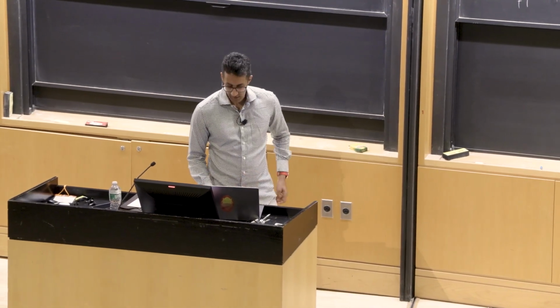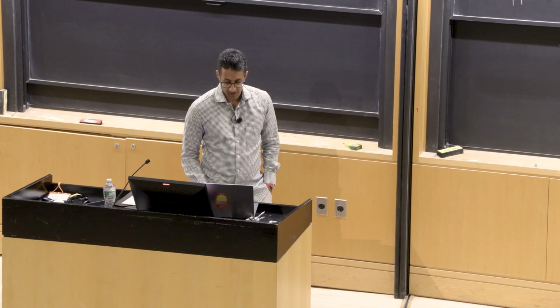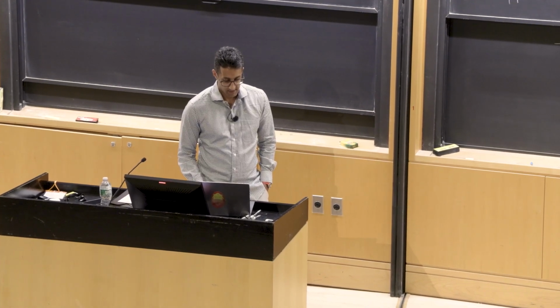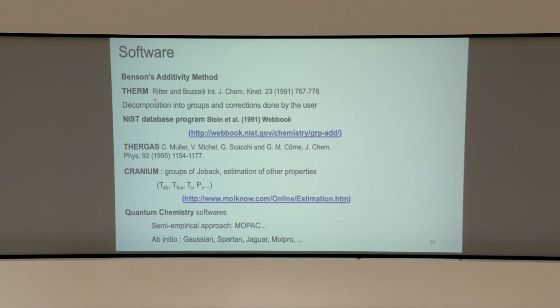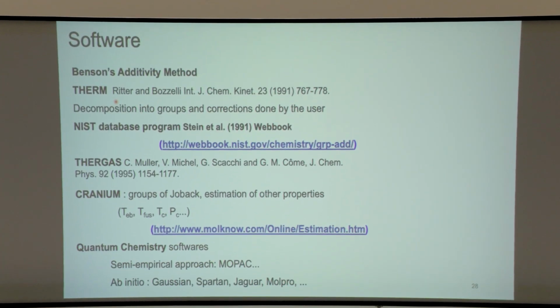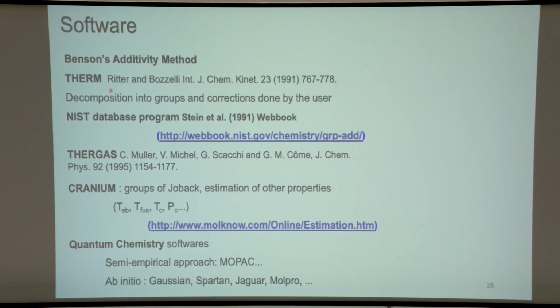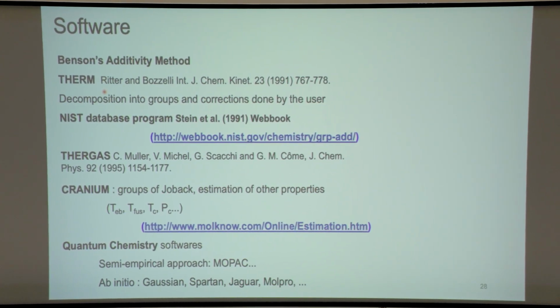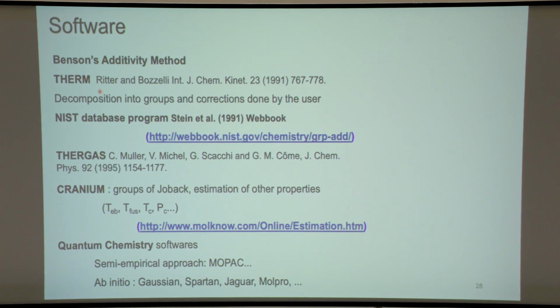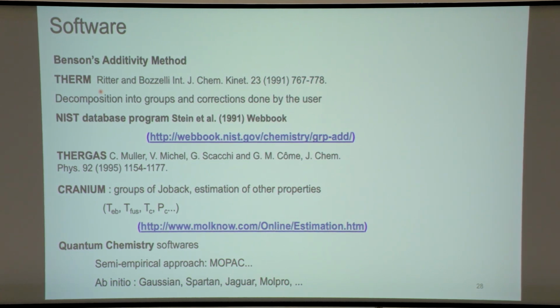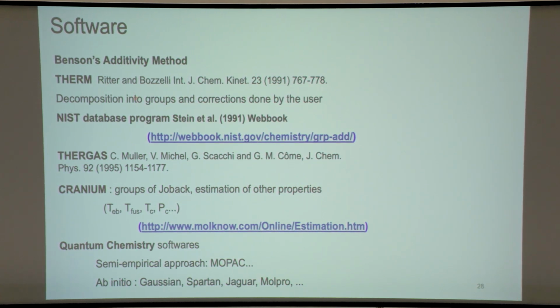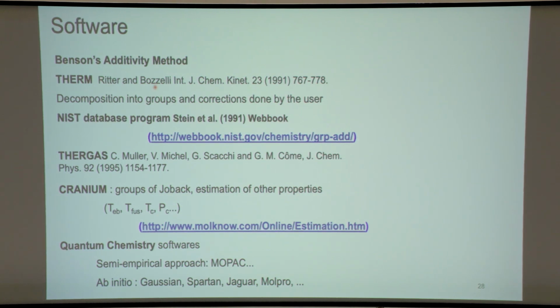Okay, so what can you do? You can do all this in a code, like Therm is a good code. I think it was Professor Bozzelli in New Jersey, I think Rutgers, another university in New Jersey, not Princeton. But he made a code in the 90s, which pretty much many people use today. If you're doing kinetics, it's basically a group additivity code.